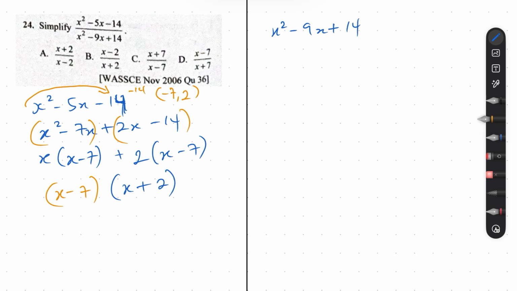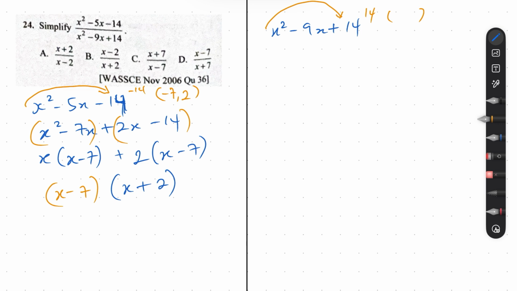Now, we multiply the coefficient of x squared with the constant, which is 14. So what two factors, when we multiply them, we get 14, and then when we add them, we get negative 9?